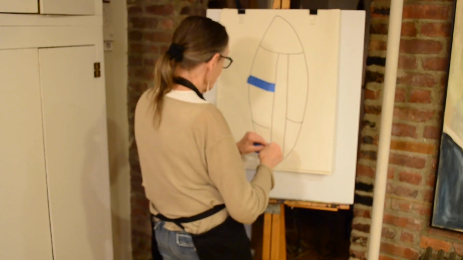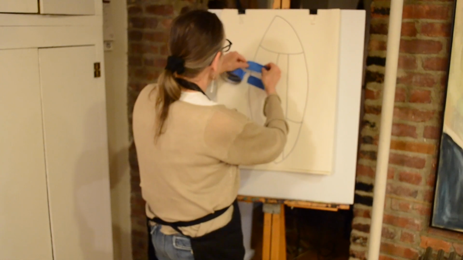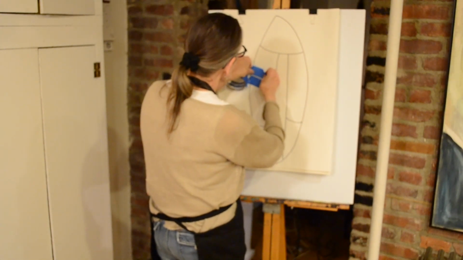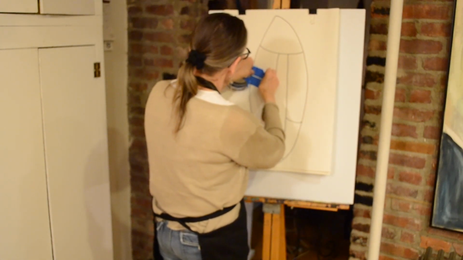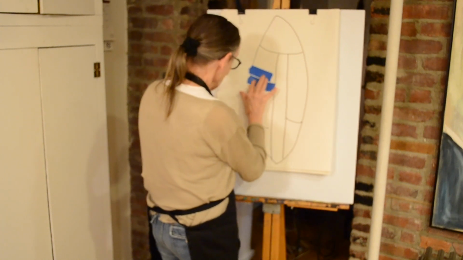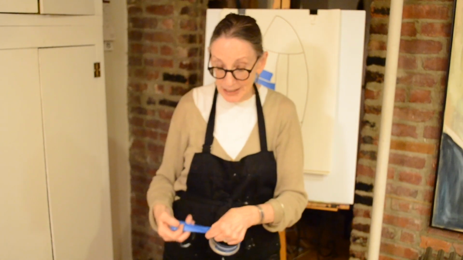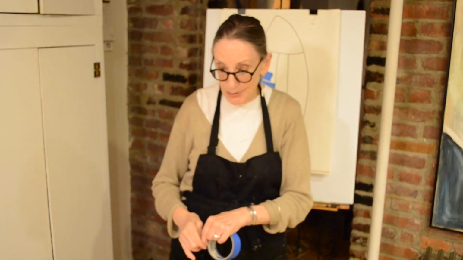Now, unfortunately, the only tape that I have available tonight is this wide tape. You want to find thinner tape, but this will work for our demo. So, this tape is too wide this way. You can get very thin tape that's maybe a third of the width of this tape. You can get that at any hardware store.